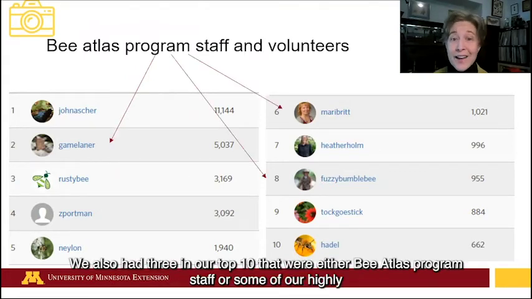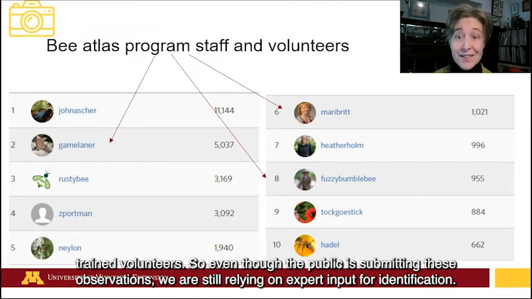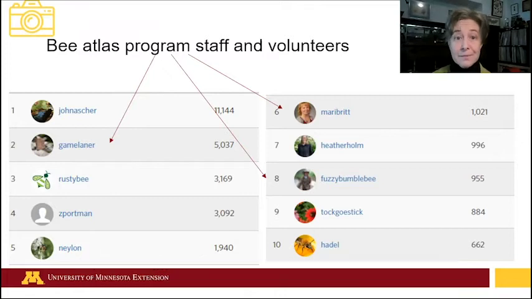We also had 3 in our top 10 that were either Bee Atlas program staff or some of our highly trained volunteers. So even though the public is submitting these observations, we are still relying on expert input for identification.